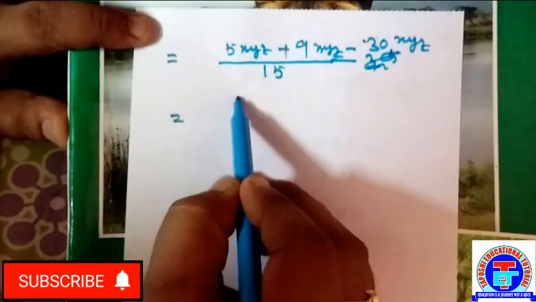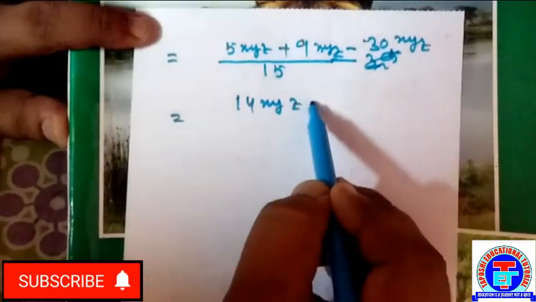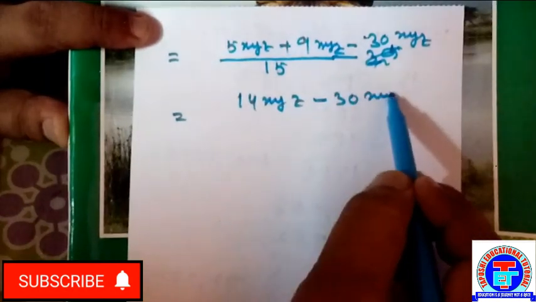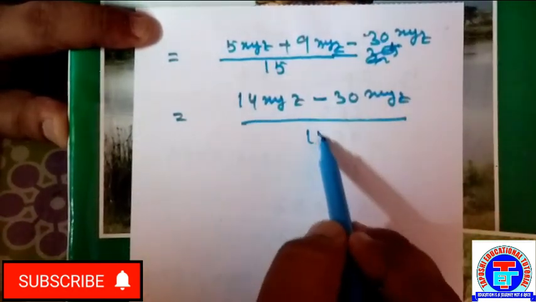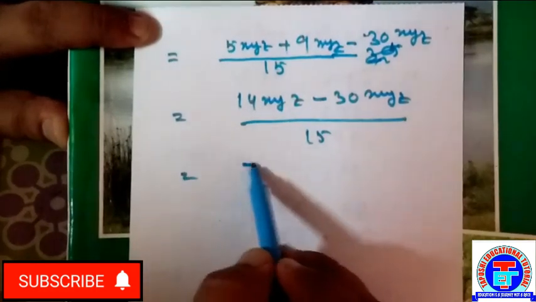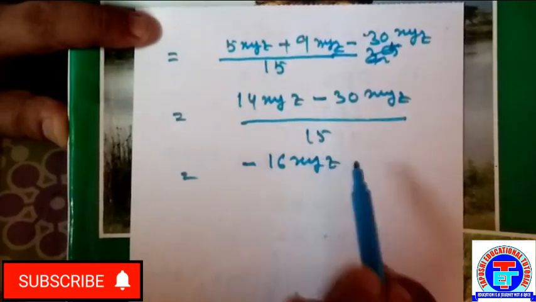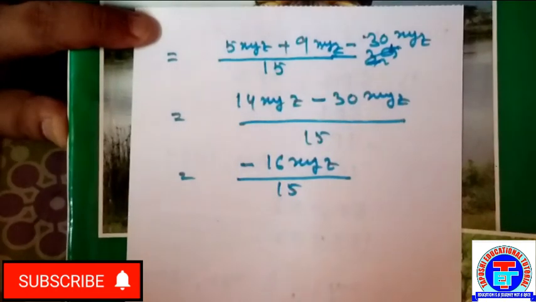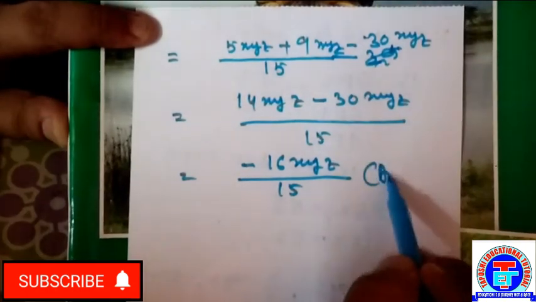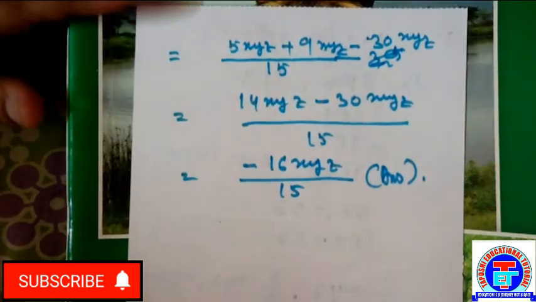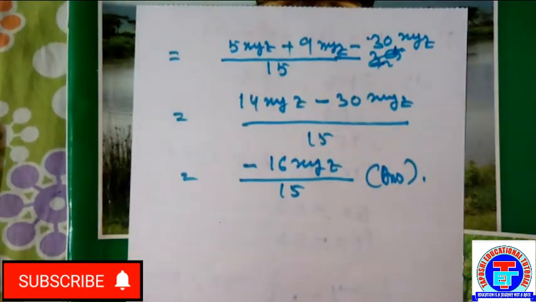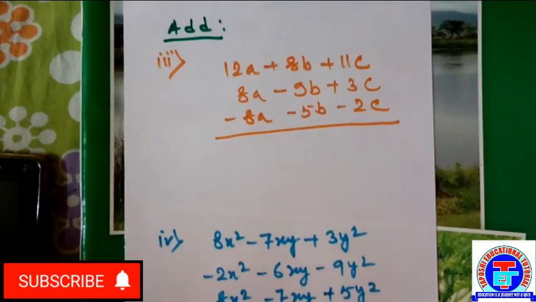So 14 xyz minus 30 xyz divided by 15 becomes minus 16 xyz divided by 15, right? So this is the answer. This is the way we add these terms or algebraic expressions. Hope you understood well. Now my dear student, here we solve this addition.